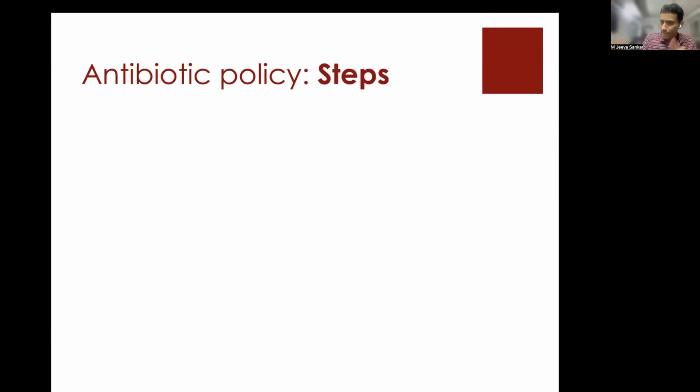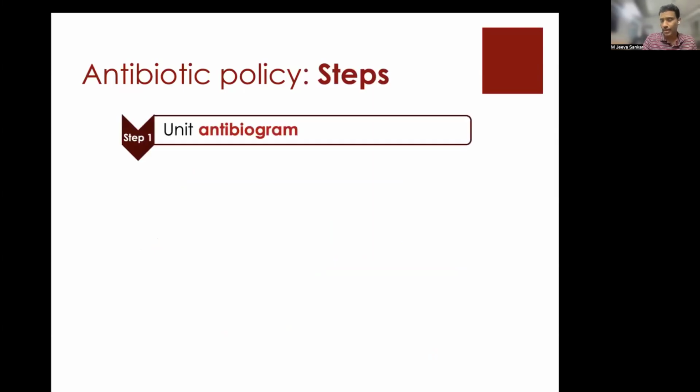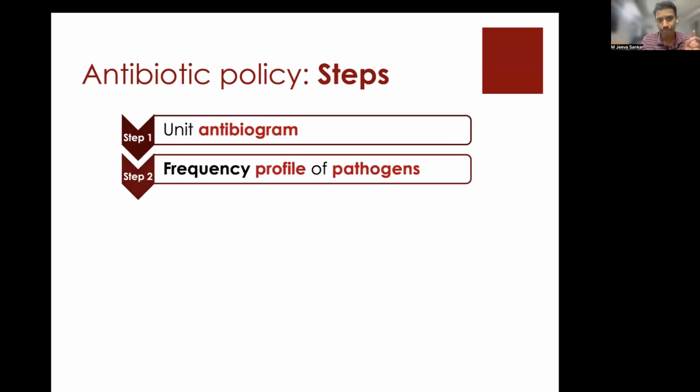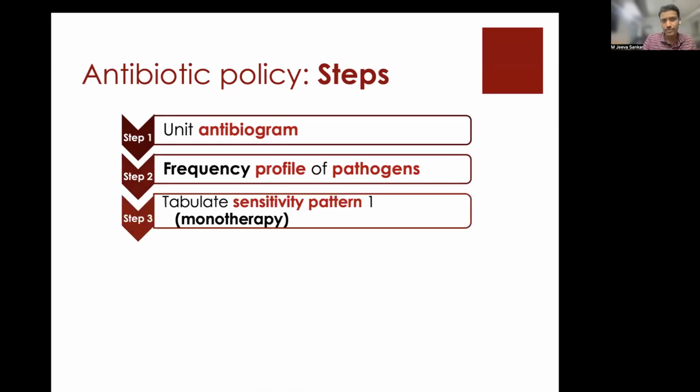Now, for empirical antibiotic therapy, we need some steps, and there are 6 steps. The first step is to have an antibiogram of a unit. The second step is to have a frequency profile of pathogens in that unit. The third step is to tabulate the sensitivity pattern for a single drug, that is monotherapy.